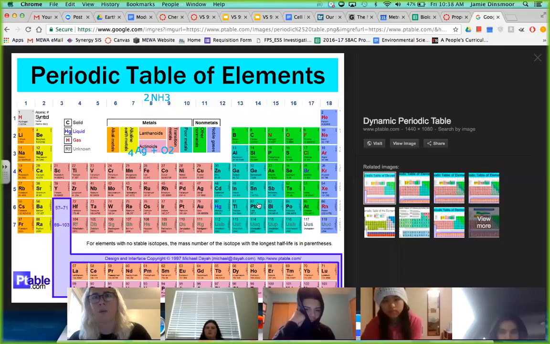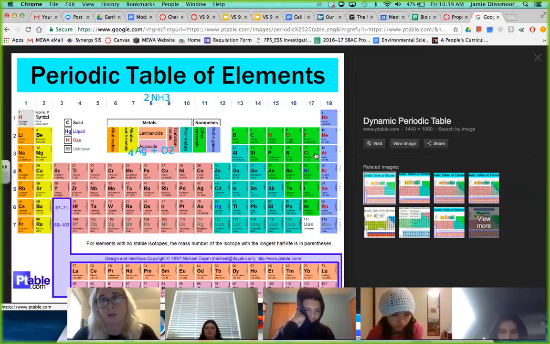Just go to the periodic table, and guess what? Everything on here is color coordinated, metals and nonmetals. Find it on the periodic table. Chlorine, nonmetal, okay, and hydrogen, which is gray, it's nonmetal, even though it doesn't really say that explicitly. So we have 2 nonmetals.